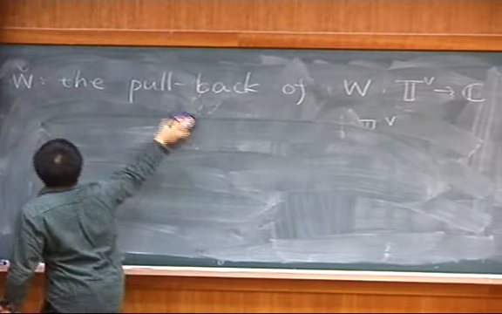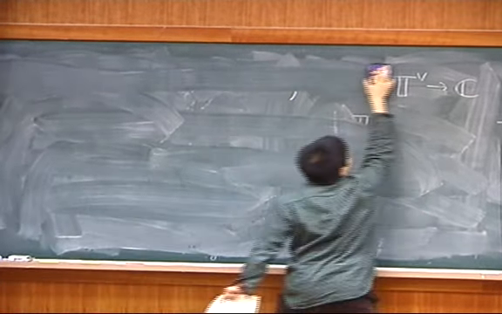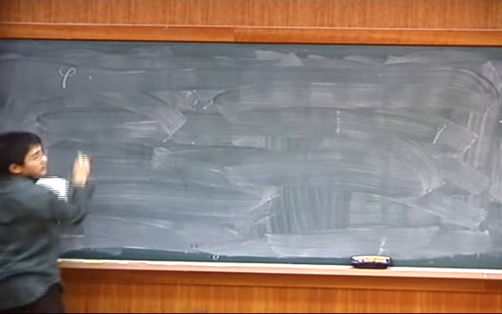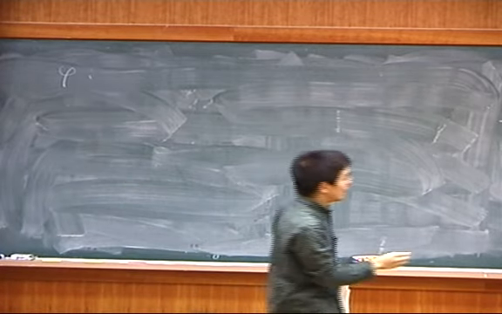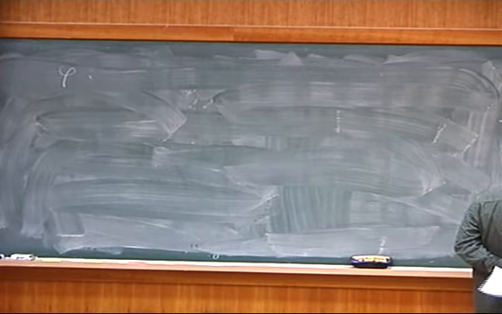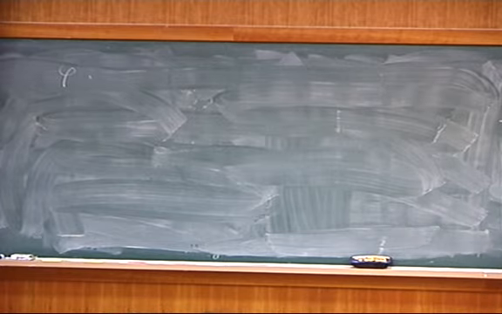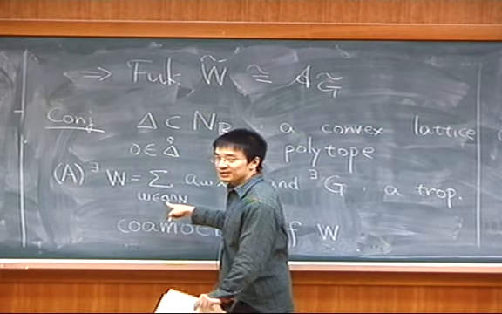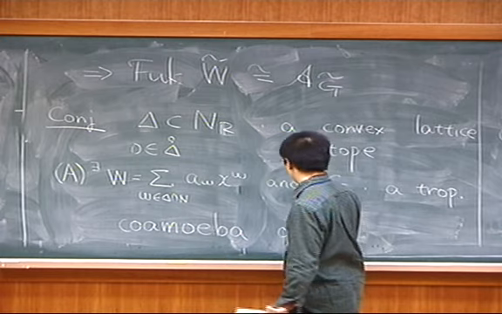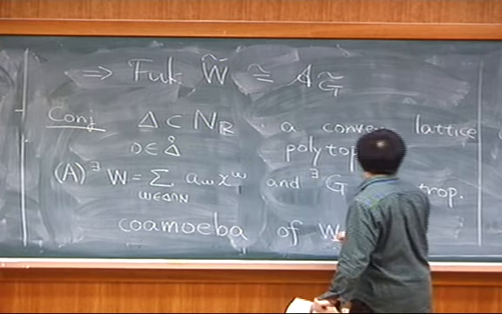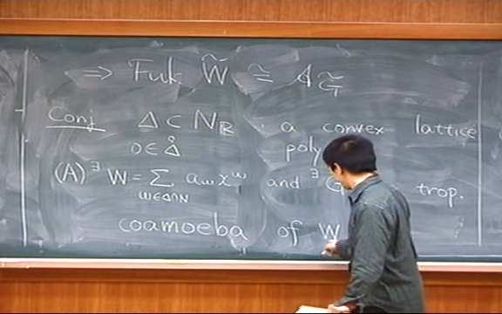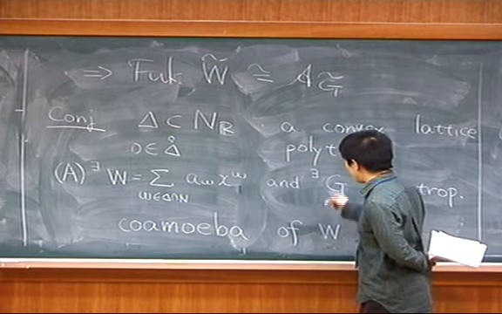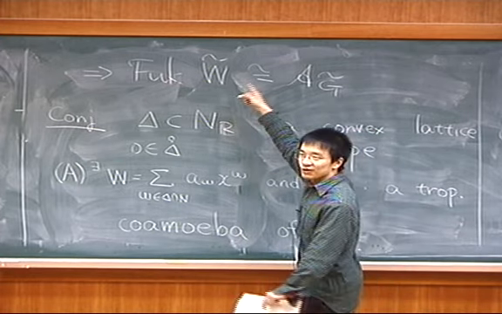So there's a generic Laurent polynomial W whose Newton polytope coincides with delta, and a tropical coamoeba G for this choice of W. The fact that G is a tropical coamoeba of W implies this equivalence.